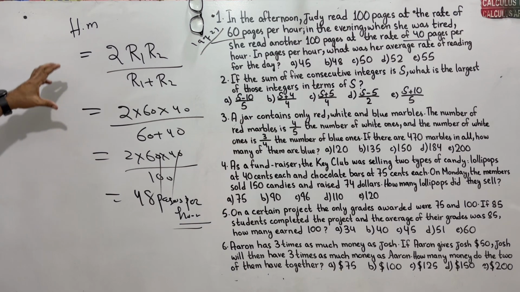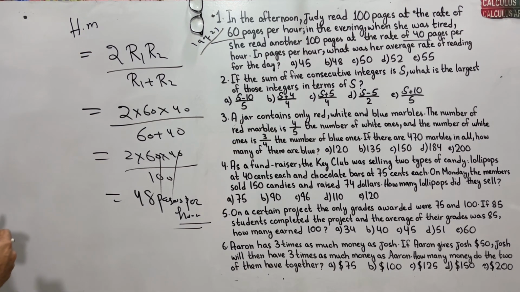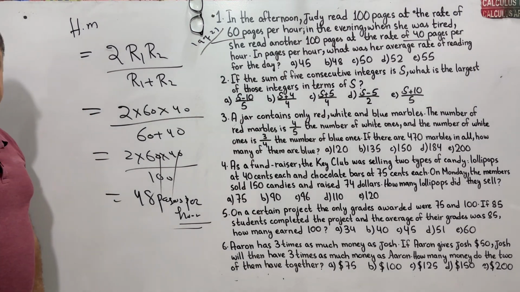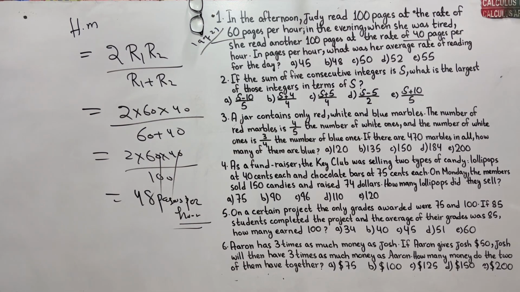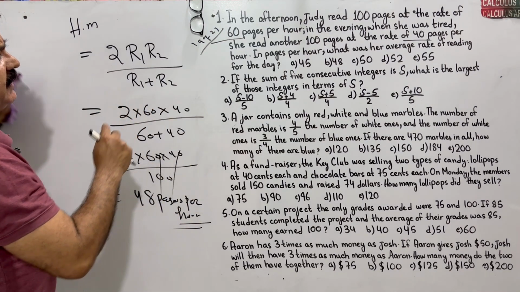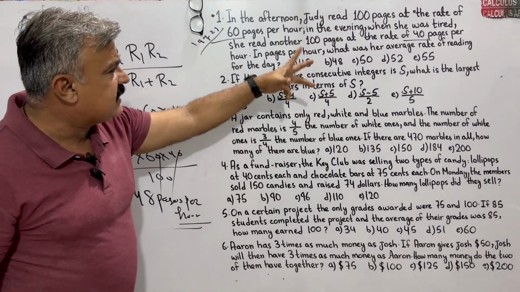Many people do not concur with this idea and follow the traditional, orthodox path. It leads you to the same result. Let's see how. Whenever average speed is given, the problem has been sugar coated. Instead of distance, he has given us 100 pages.